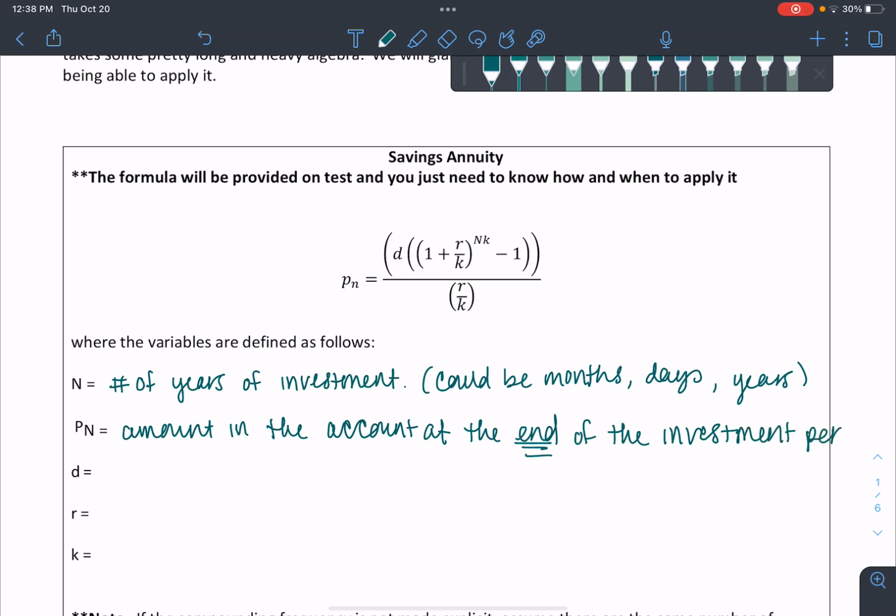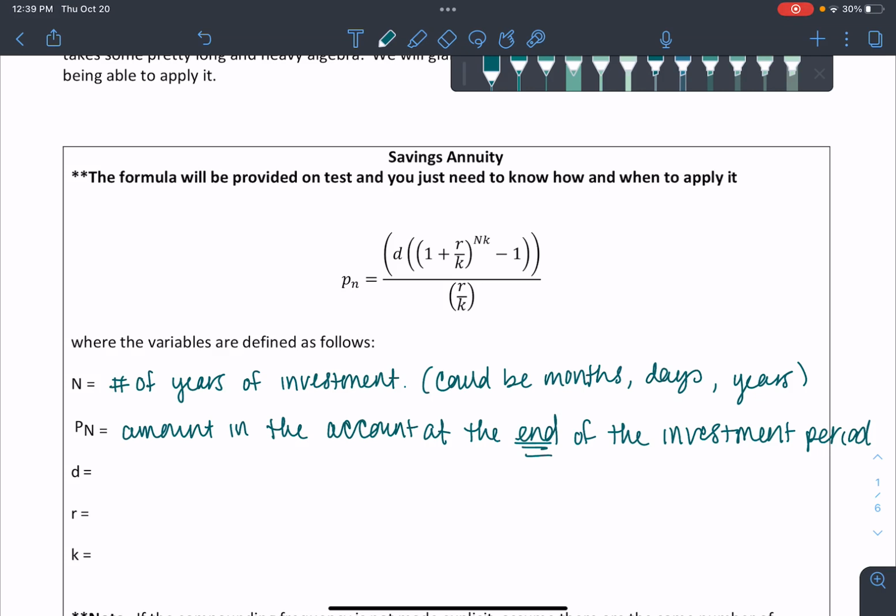And so what we mean by that is if I'm saving for my child's college in 20 years from now, the amount that's in there at the end of 20 years is going to be P sub N, okay? So it's the end number. It's what's in the account at the end of however much time that you're going to be saving this money for, okay?